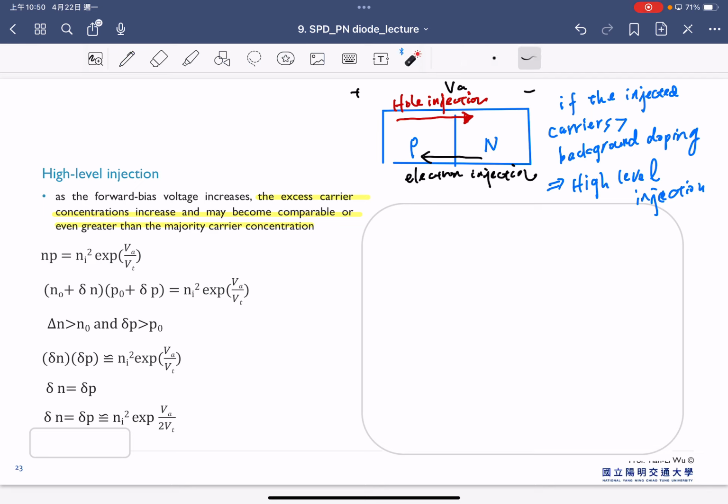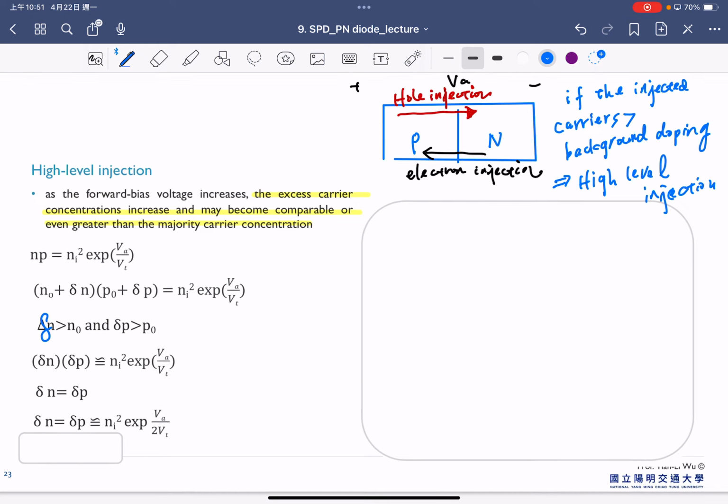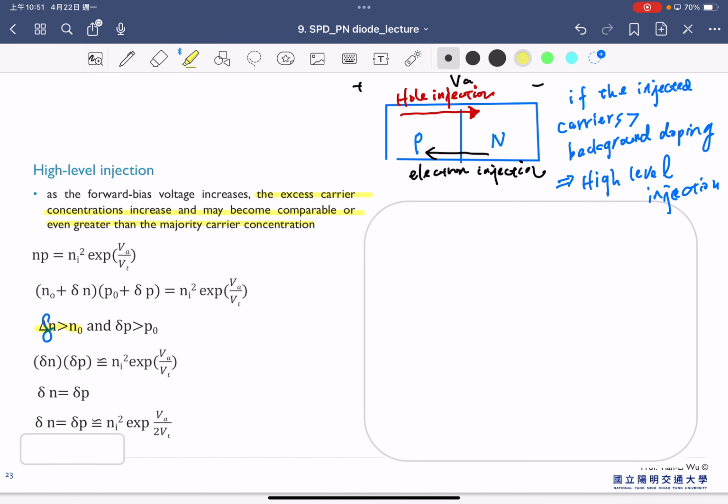Starting from this equation, because we now have additional carriers, we have to consider N0 plus delta N and P0 plus delta P. And because our excess carrier is now larger than the background doping, this term can be neglected, and now we only consider this equation.